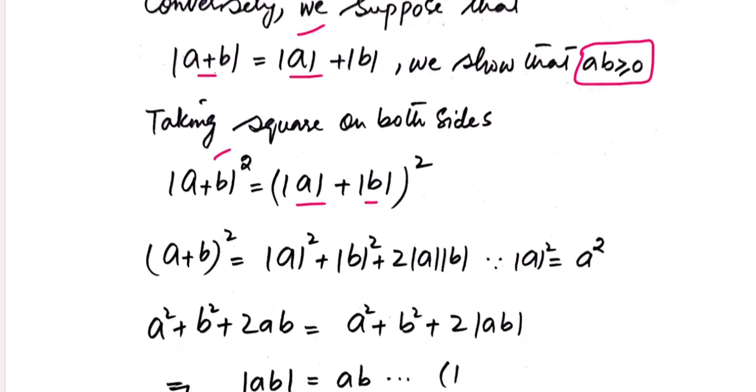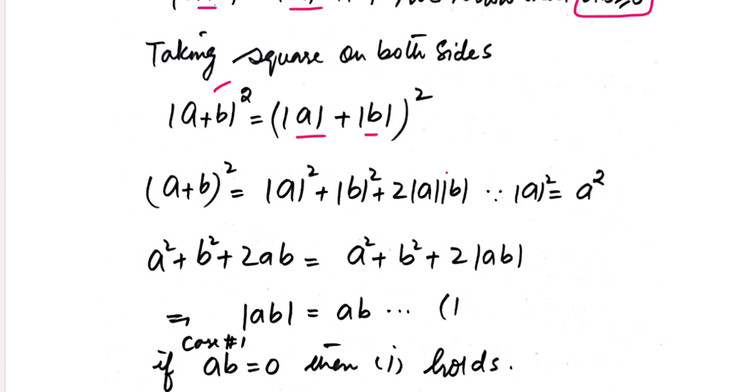We know an important result from our previous discussion: the square of an absolute value is equal to the square of the number. For example, the square of 4 is simply equal to the square of the absolute value of 4, whether it is 4 or minus 4. In every case, they are all equal. So the square of the absolute value is equal to the square of the number a plus b.